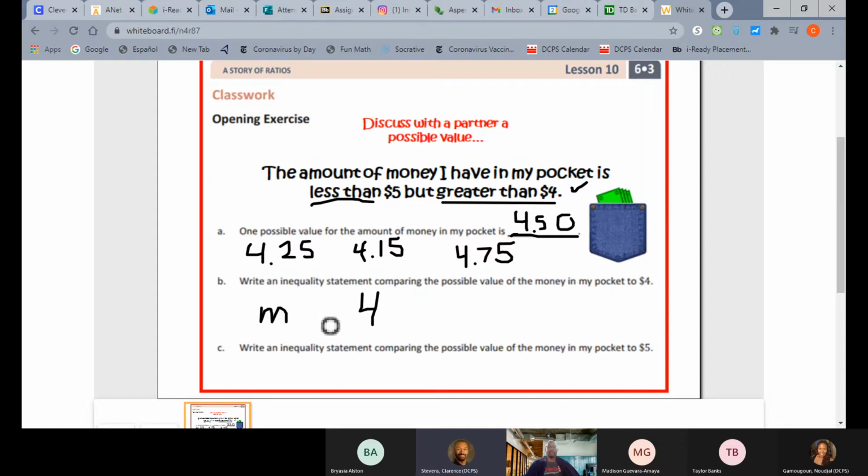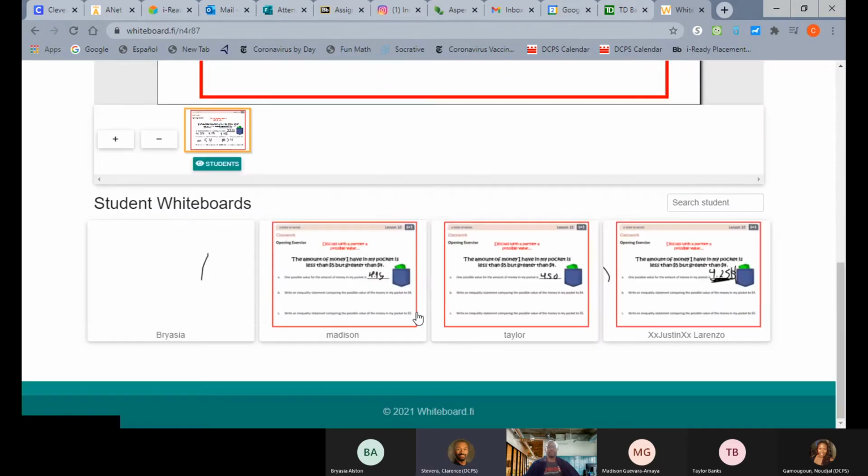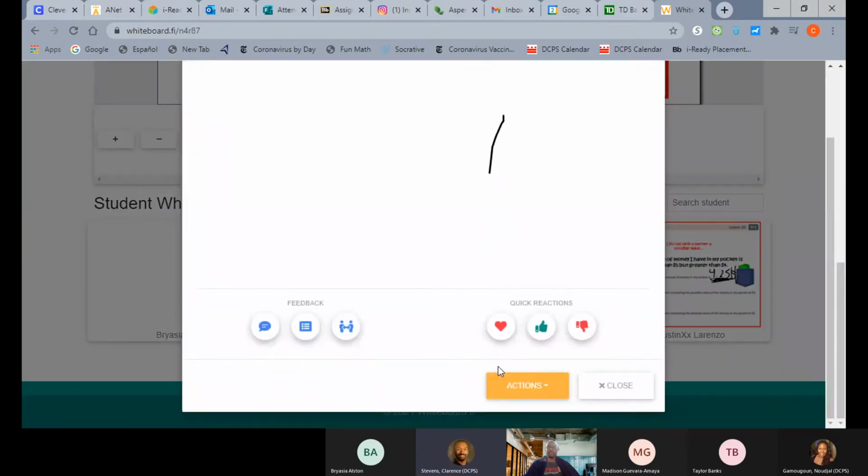What symbol are we going to put? Is it going to be this one, or is it going to be this one? The left one or the right one? Write it down on your whiteboards or just let me know what we think.